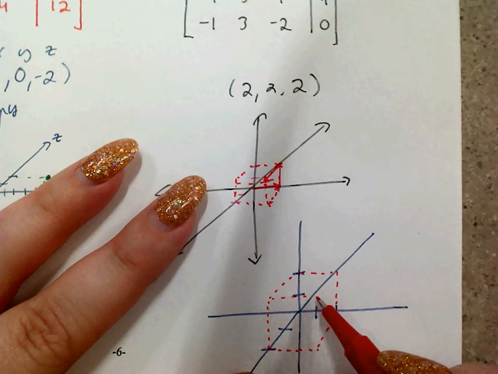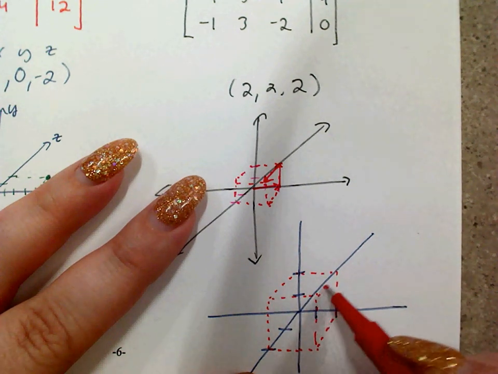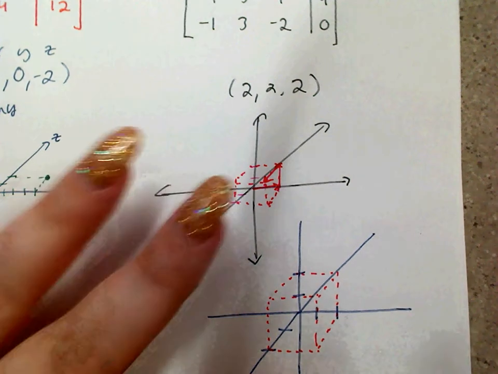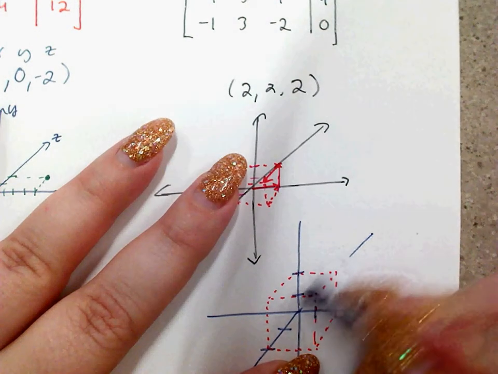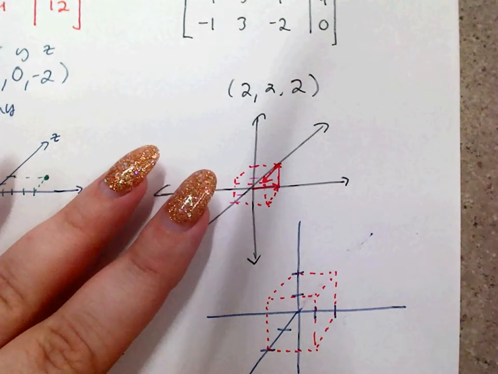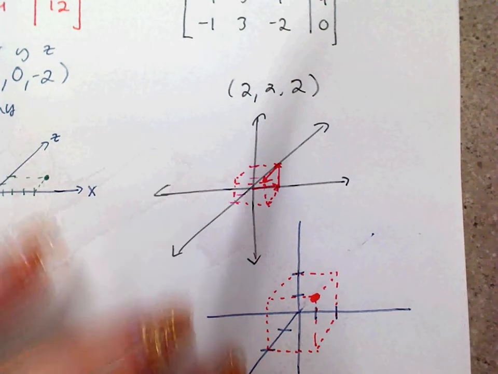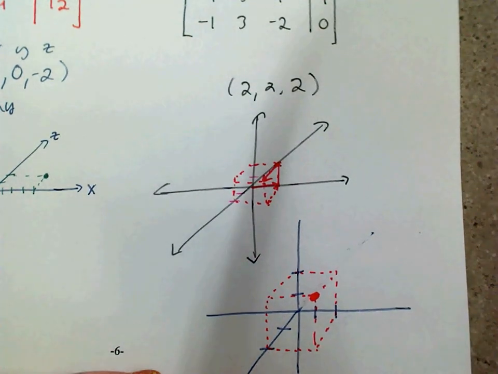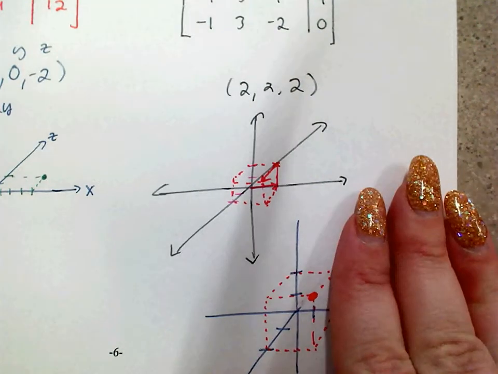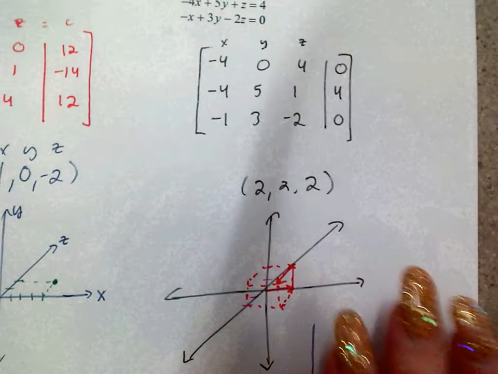Again, my line. Where's this back line? So you can see that the coordinate point would actually be out in space over here. Okay. Anyway, I'm actually going to show you how to solve these by hand when we come back, and that'll be fun. But we don't have to graph 3D by hand.